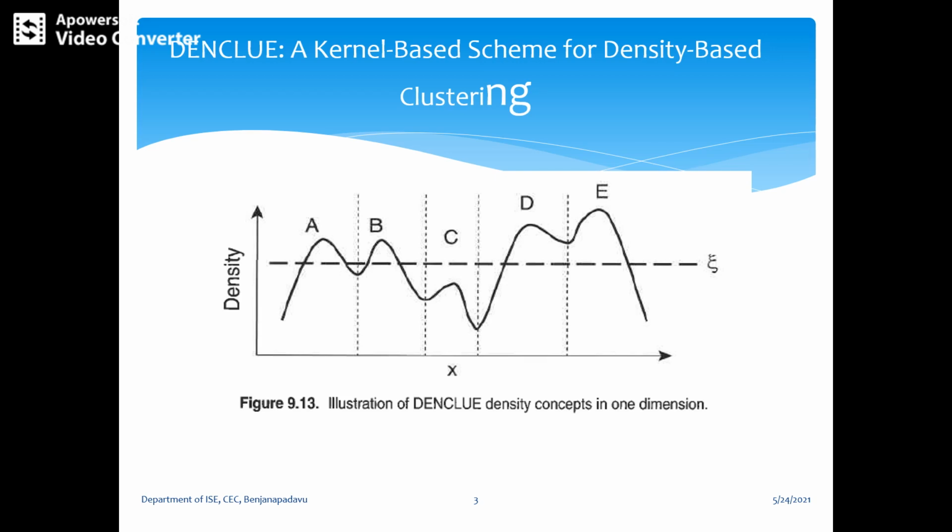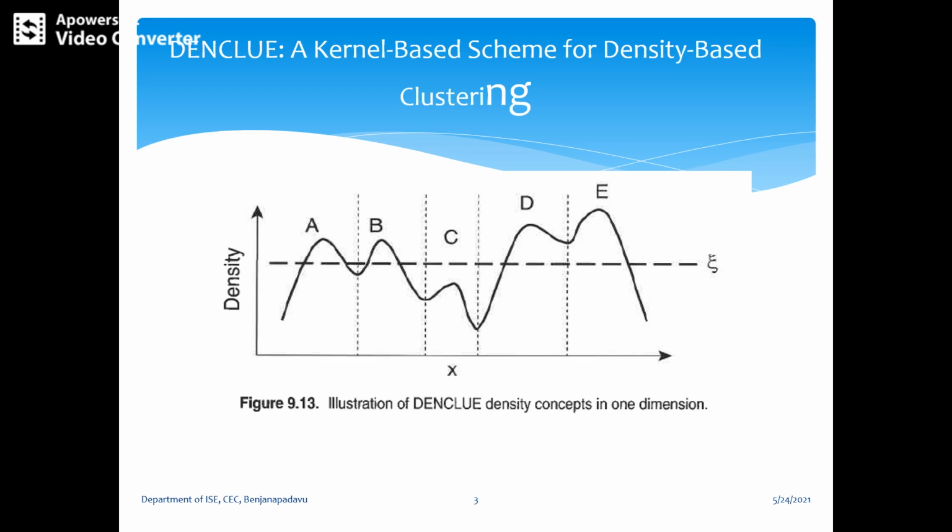The dashed horizontal line shows a density threshold, epsilon. All the points associated with a local density attractor that has a density less than epsilon, such as those associated with C, will be discarded. All other clusters are kept.